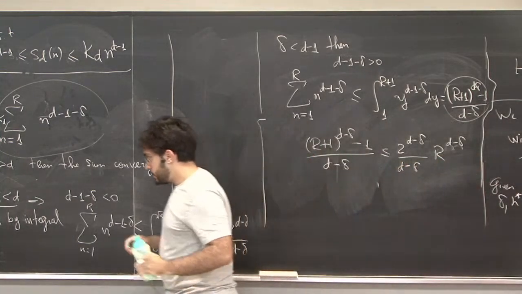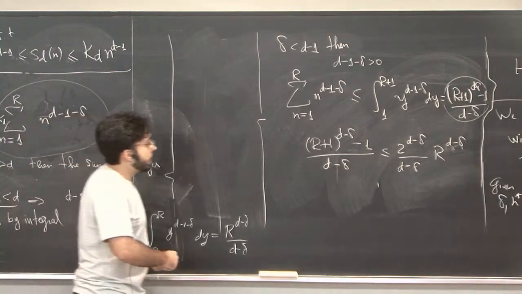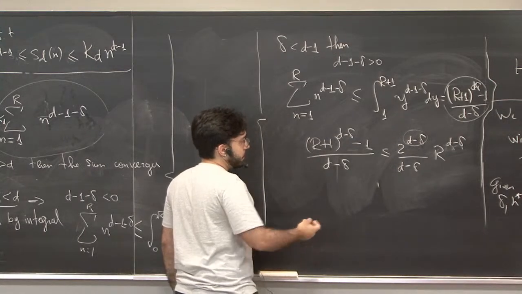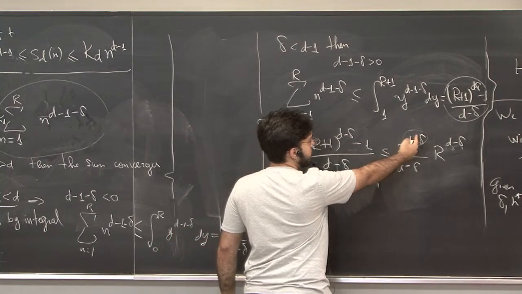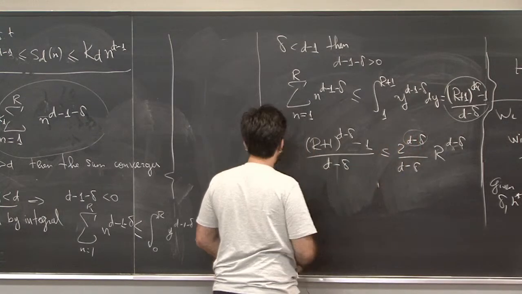Since d minus delta is always a positive number, 2 to the power of something positive will always be larger than 1.